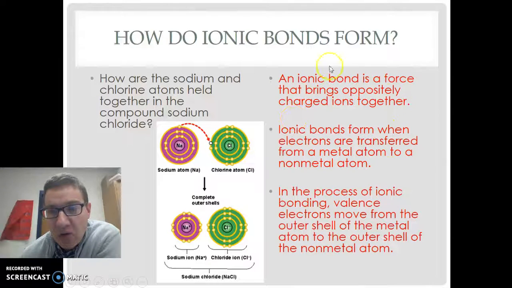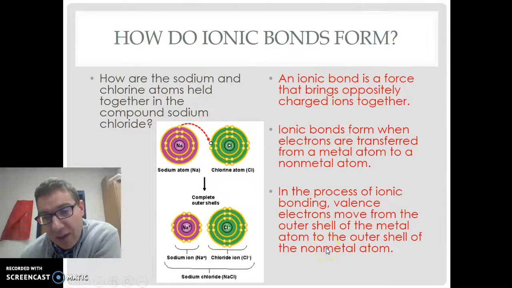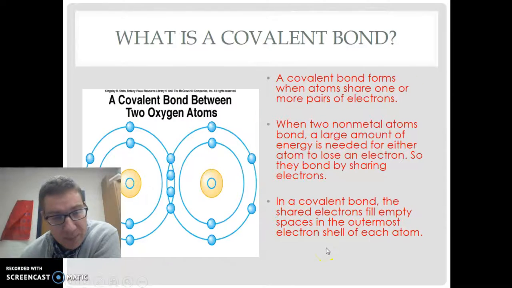Okay? Ionic bonds form when electrons are transferred from a metal, very important, from a metal to a nonmetal. So ionic bonds only happen from metals to nonmetals. In the process of ionic bonding, valence electrons move from the outer shell of the metal to the outer shell of the nonmetal.